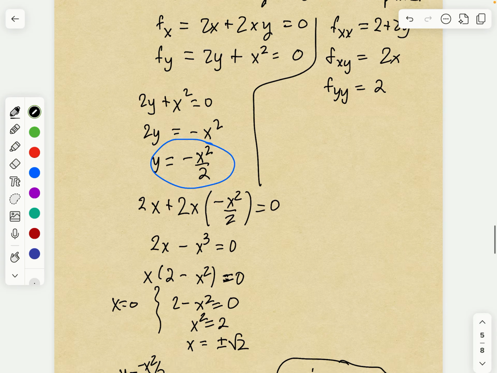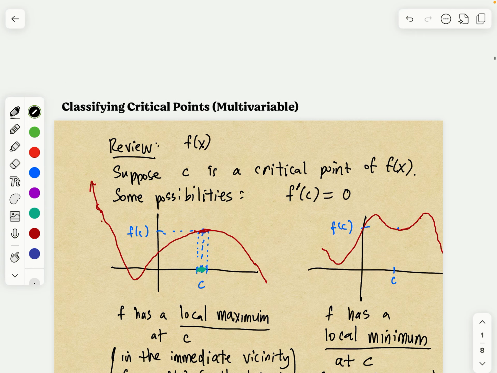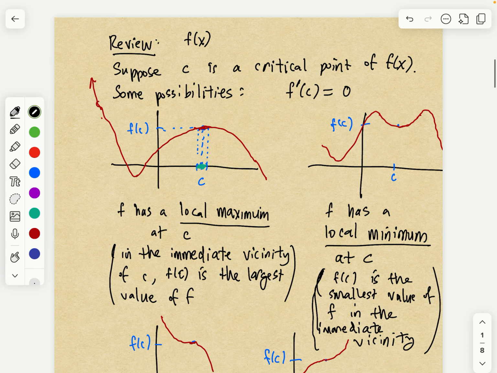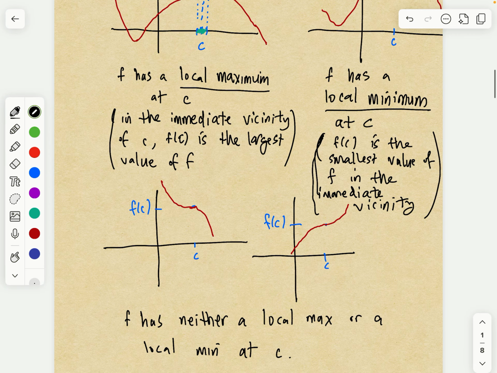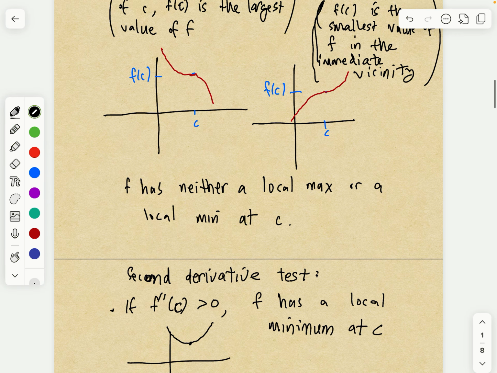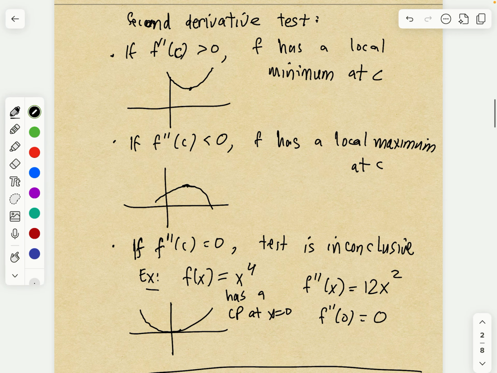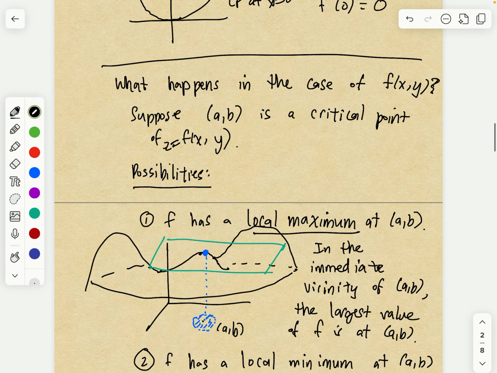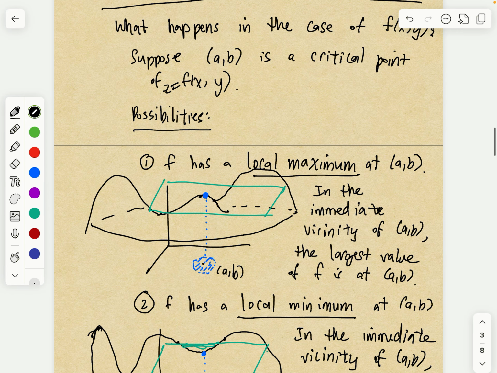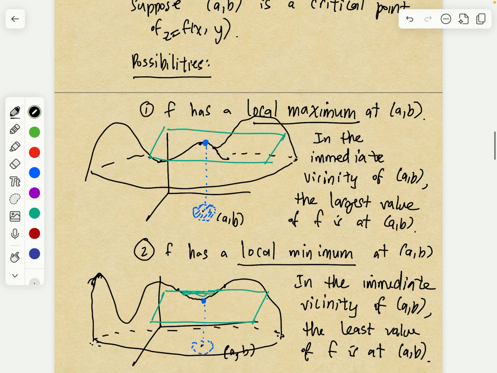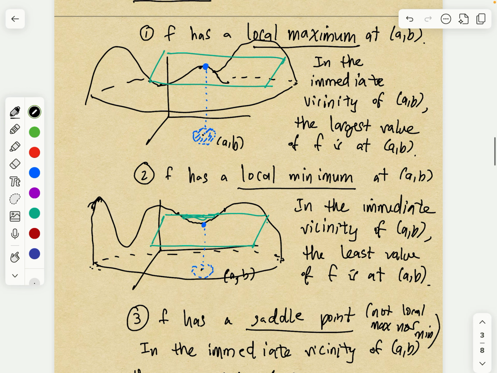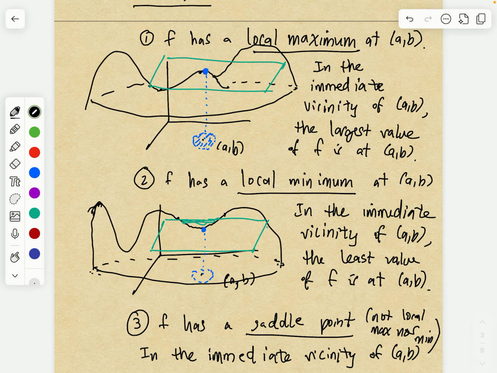So let's just review what we did in this video. We reviewed the second derivative test for classifying critical points in single variable calculus. And then we talked about the version of the second derivative test when you have a function of two independent variables. We mentioned that the critical points come in three varieties.